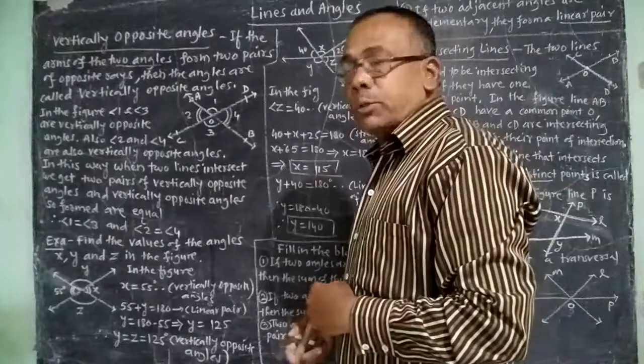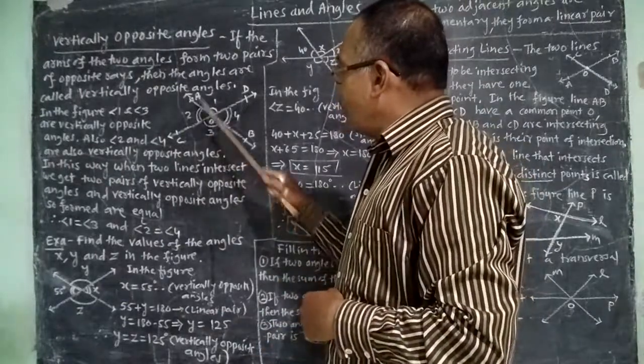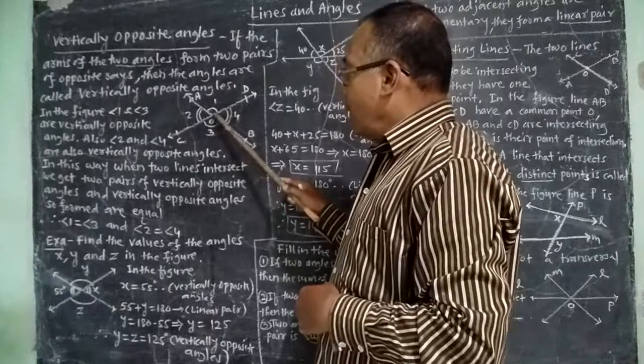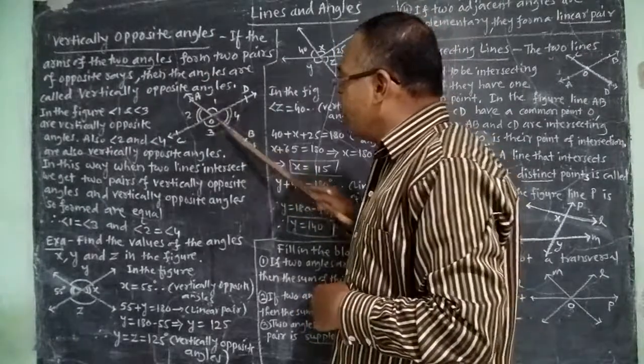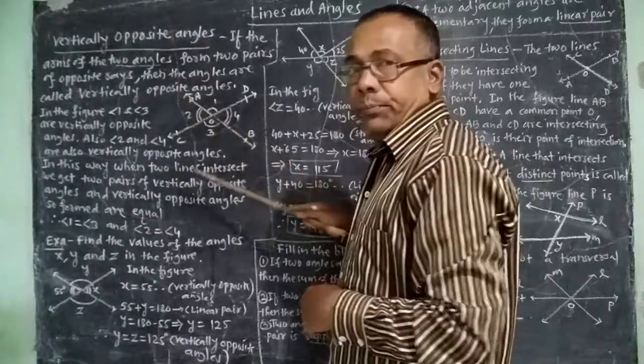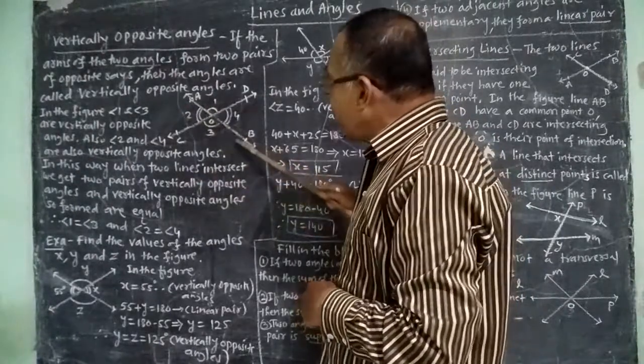Why are they called opposite rays? Because ray OA and ray OB have a common initial point O, and due to these two rays, one line is formed, that is, line AB.